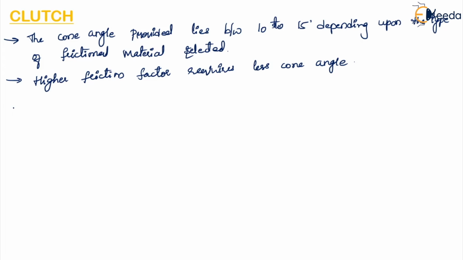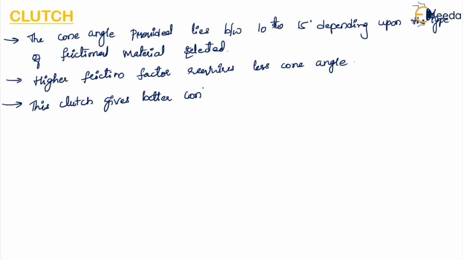So this type of clutch will give better contact when compared to a single plate clutch because of the inclined surface. That is because of the conical angle which we have provided here, it will give better contact when compared to the single plate.